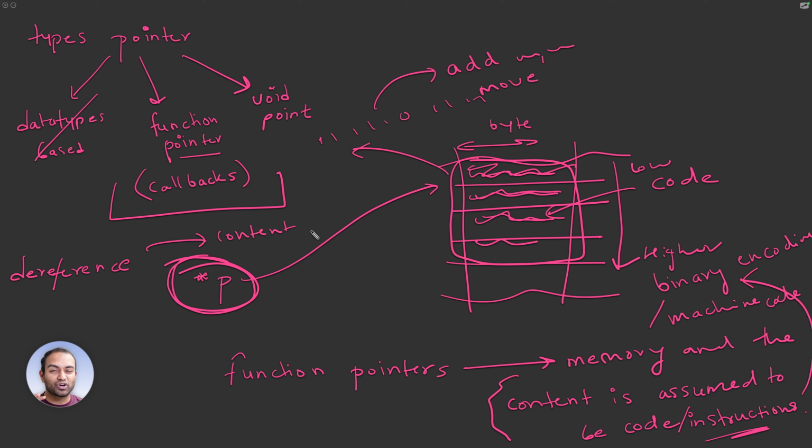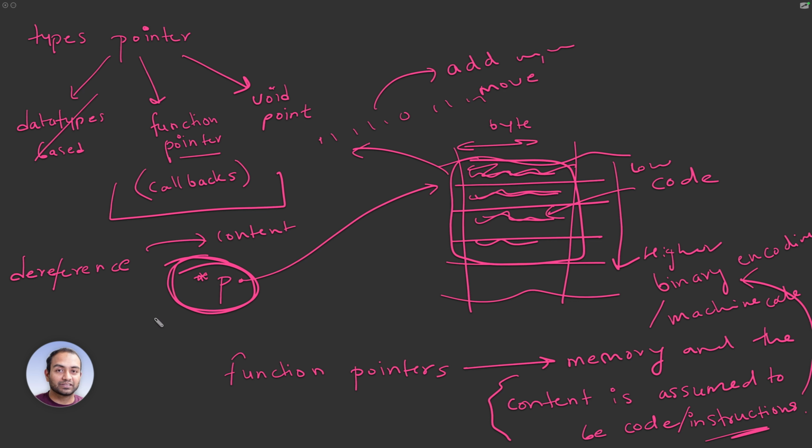So when we dereference it, so to speak, then the contents at that memory location are treated like instructions, right? And so it is assumed that a function pointer, wherever it is pointing, whatever number it is storing in terms of the memory address, the memory at that address has instructions, right?